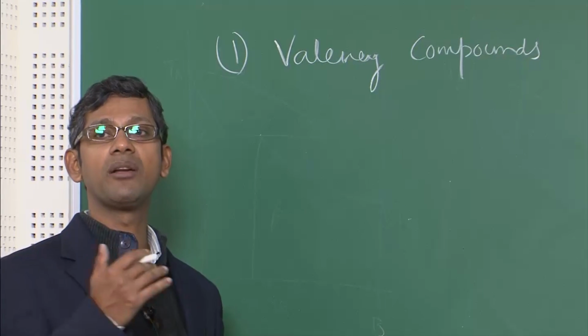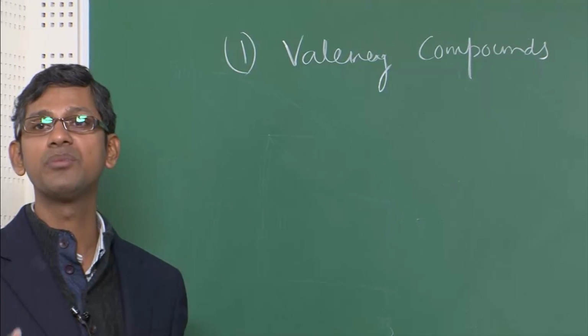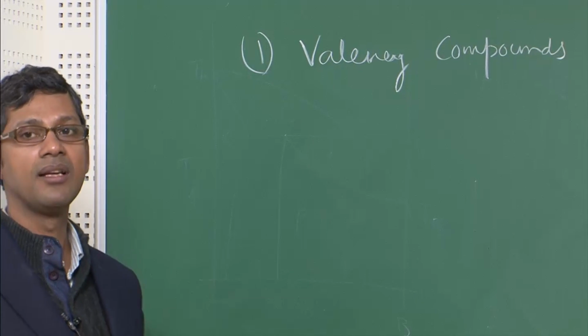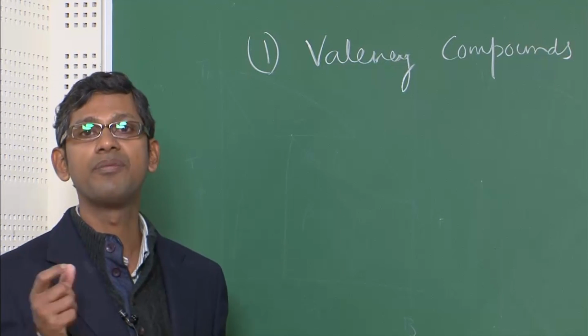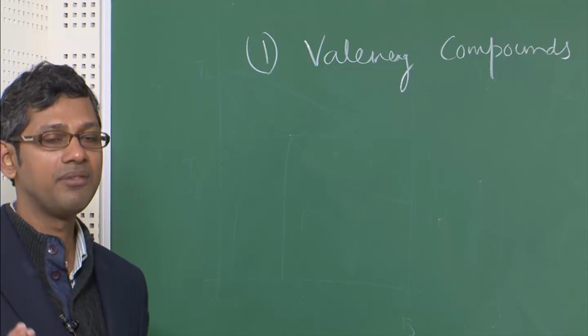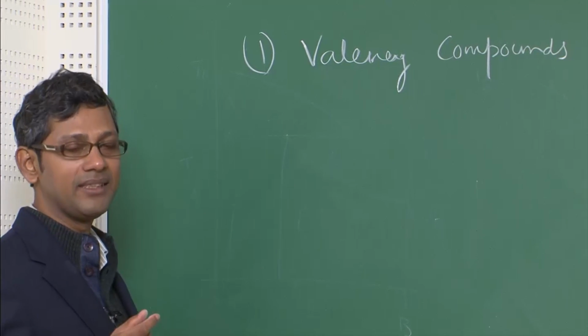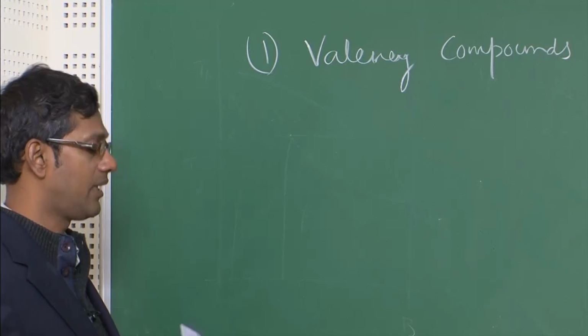That is how sodium becomes a positive ion and chlorine becomes a negatively charged ion, and then there is a natural attraction and it forms a compound. That is actually called a valence compound, because electron transfer takes place at the valence band.